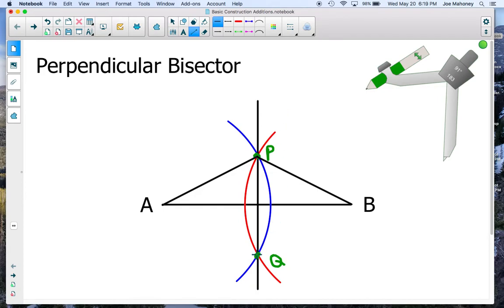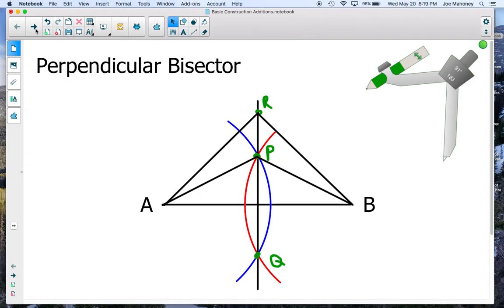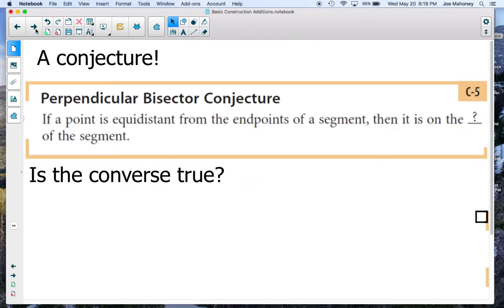And the same can be said of Q and its distance from A to B. And it's also true about any point on this perpendicular bisector. Let's put this point up here, and let's call it point R. So if we are going to draw a segment or measure from R to A and from R to B, it's the same distance. And that, my friends, leads us to, get ready, here it comes, a conjecture.